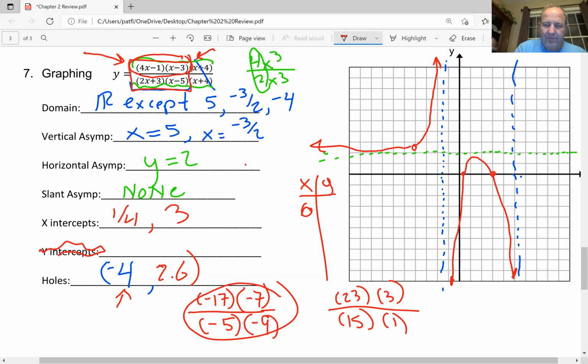I end up with about 4.6, which is here. That's enough information to draw that. Okay, not too bad. If you want to look at this, feel free to pause it, but I'm going to move on to the next question.